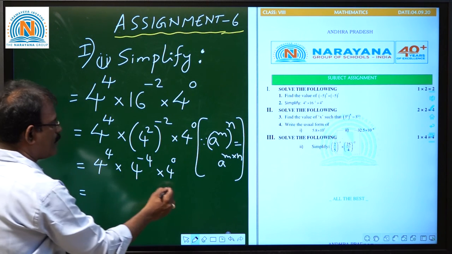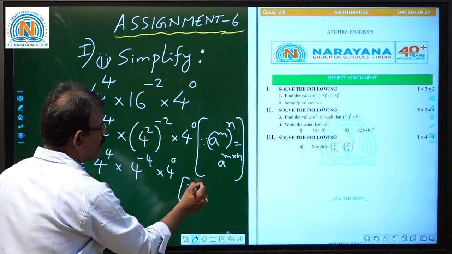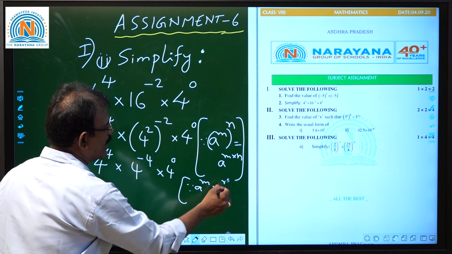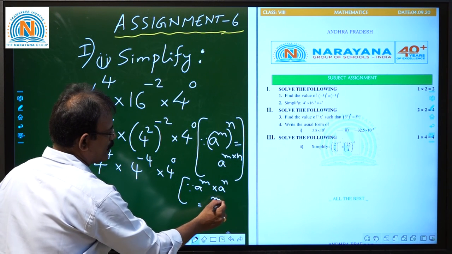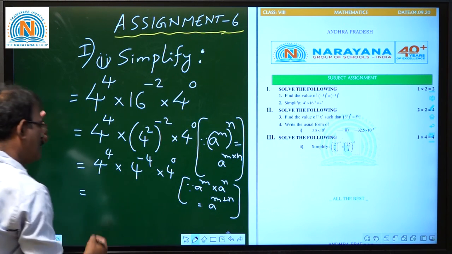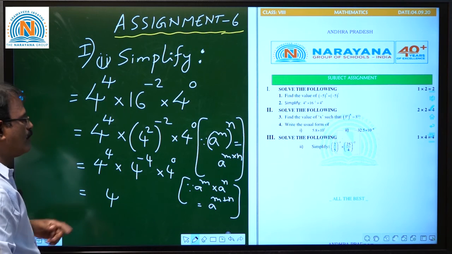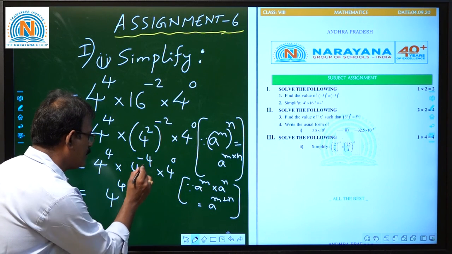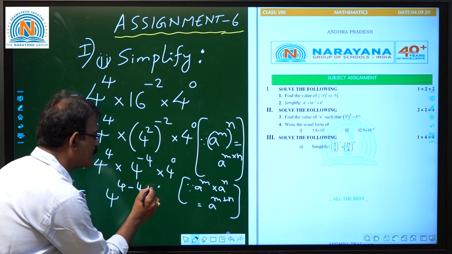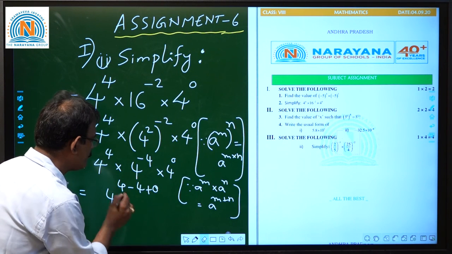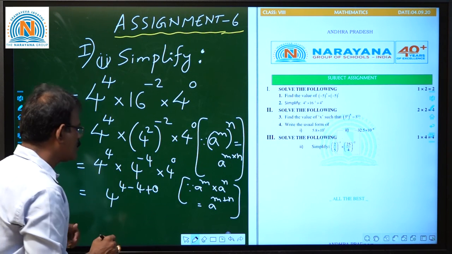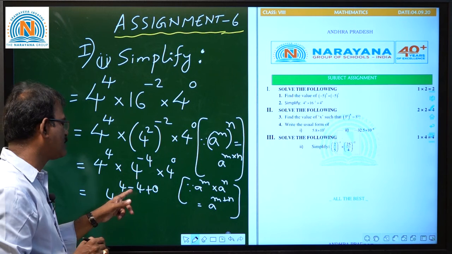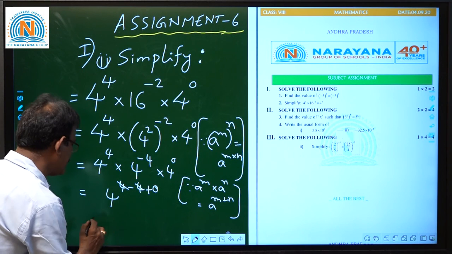Again it is in the form of a^m into a^n is equal to a^(m+n). So this is 4 to the power of, add all the powers, 4 minus 4 plus 0. So 4 plus minus 4, plus of minus is minus, so these two are cancelled.